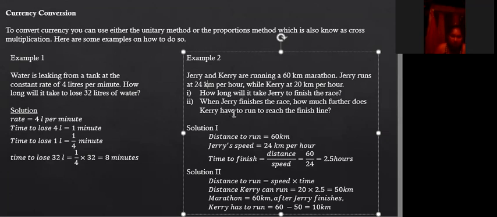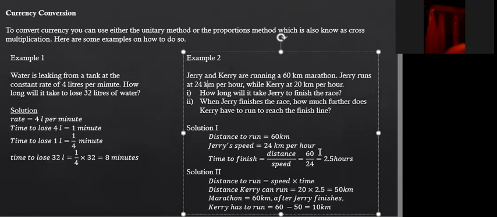But the second question wants to know, after Jerry finished the race, how much further does Kerry have to run to finish the race? Because Jerry is running 4 kilometers more than Kerry in 1 hour. So the distance to run is equal to speed multiplied by time. Distance Kerry can run is 20 multiplied by 2.5, because Jerry will finish the race in 2.5 hours.